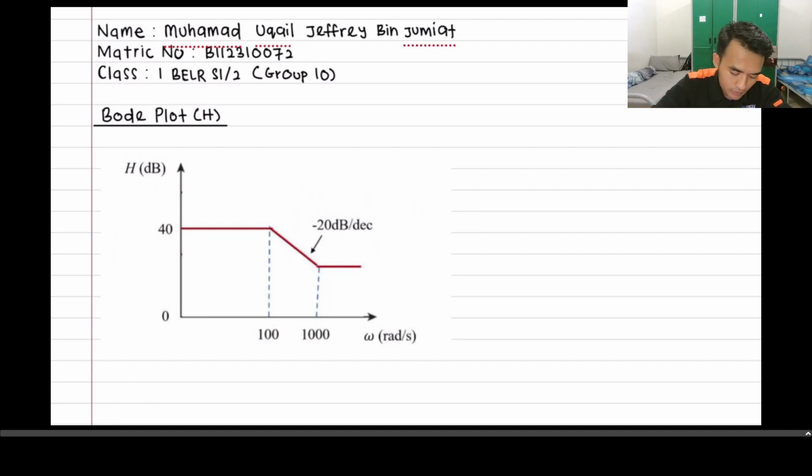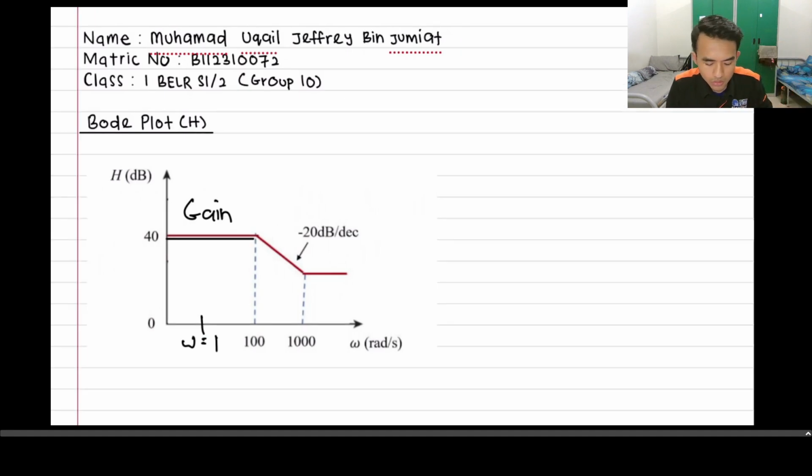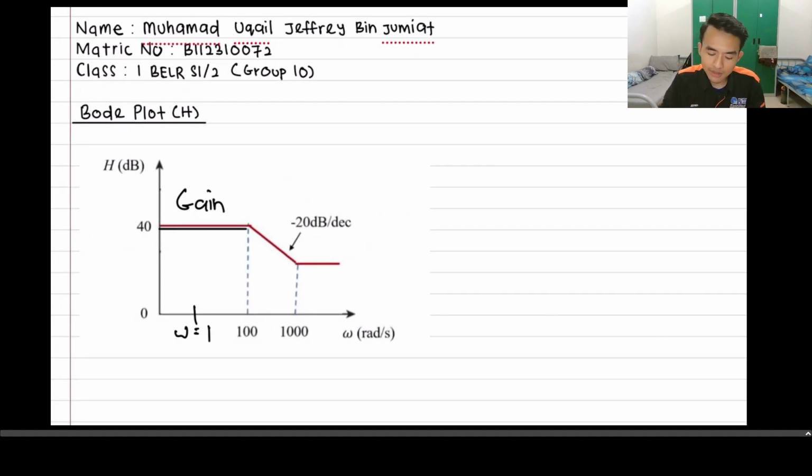To solve this kind of problem, firstly we must identify all the elements inside this resultant Bode plot. If this Bode plot starts with no intercept with the value of omega 1 here, then automatically the starting value is a gain. So this is a gain. If the Bode plot starts going down, it is a simple pole.